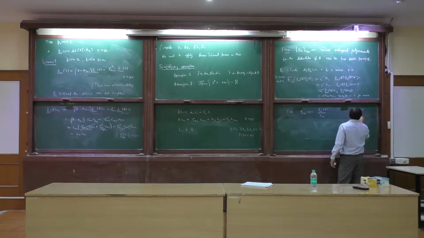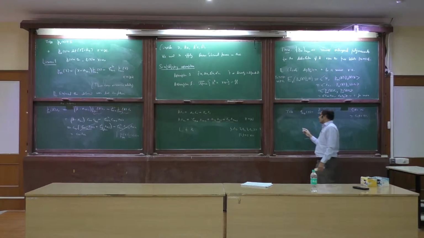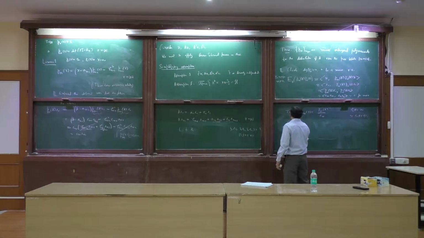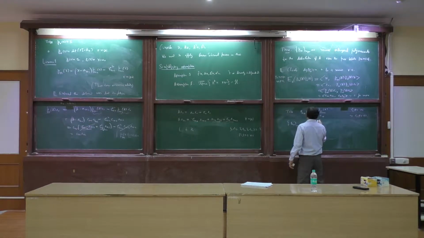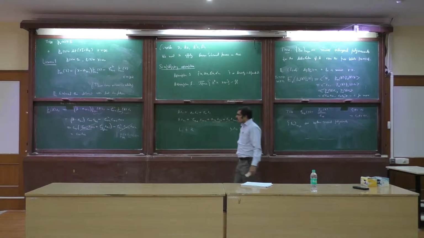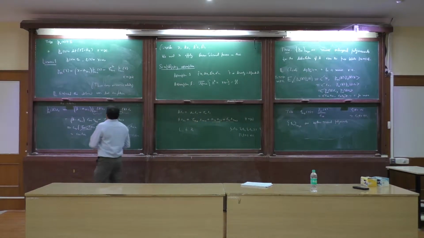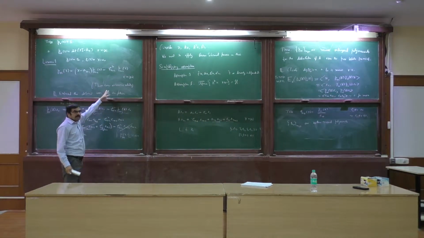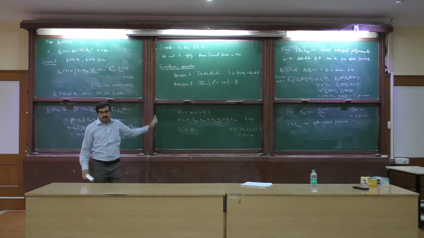That means Qn for n greater than or equal to 0 are orthonormal polynomials, no longer monic because I have divided by Cn.